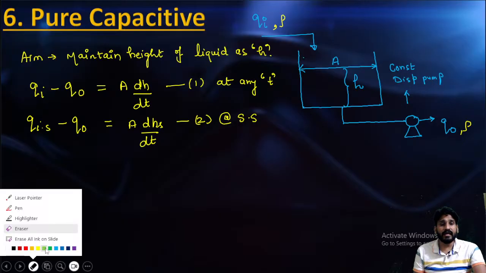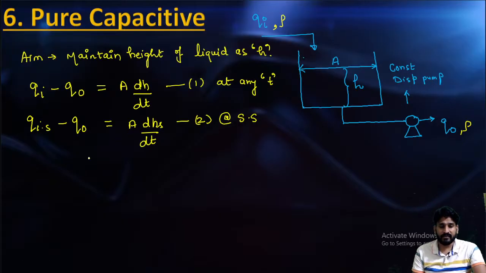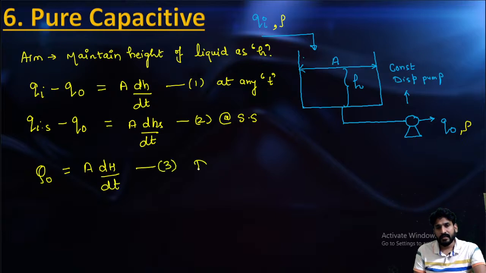I know that in the next step, yes, very good, Anushka, I have to cancel all these terms to make the deviation variable. So Q naught will be cancelled. Now I can write that Q is equal to A dH divided by dt. This is my equation number 3 and this is the equation in terms of deviation variable.